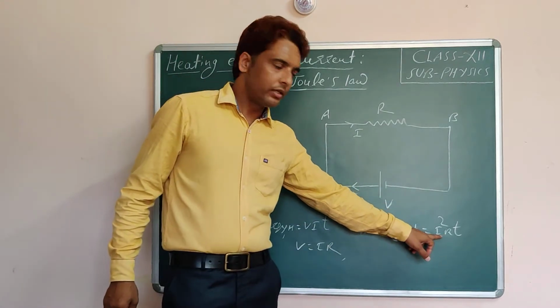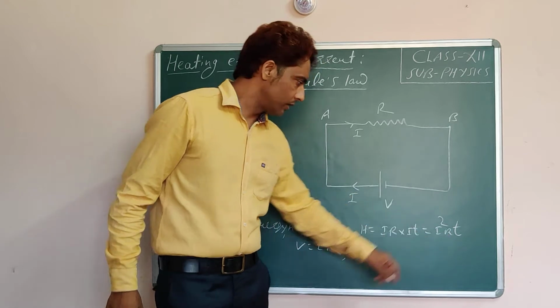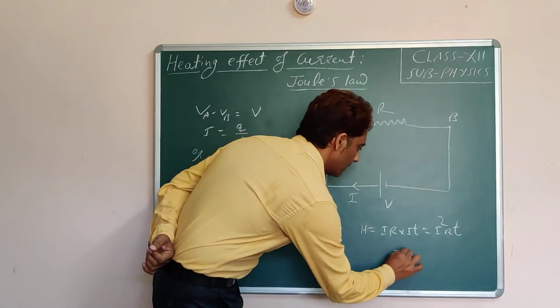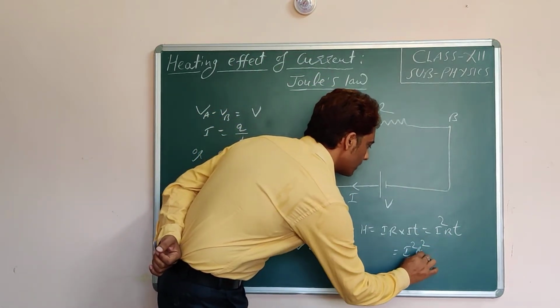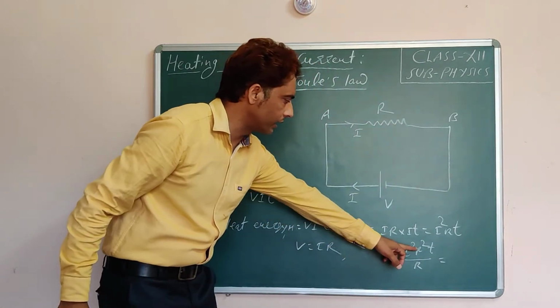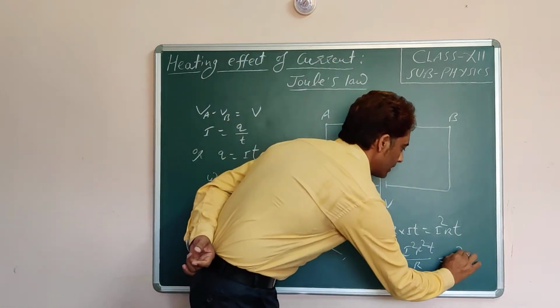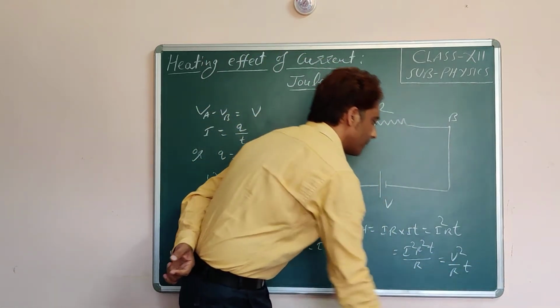If I divide this expression by R and multiply by R, then we can write it as I square R square T over R, and I square R square is equal to V whole square, that is equal to V square by R into T.